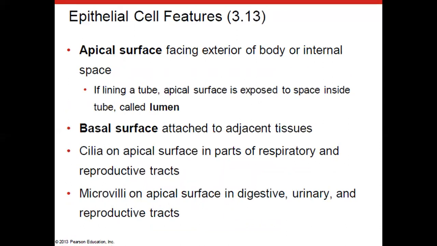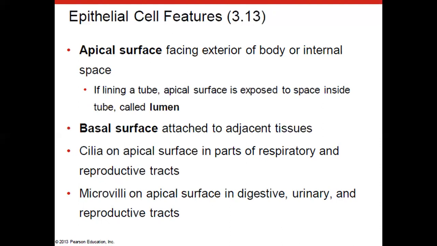That surface that's not attached to anything is called the apical surface. If an epithelial cell is lining a tube, the apical surface is exposed to the space that's inside that tube or the passageway. It's called a lumen. The basal surface is attached to the tissue below it.